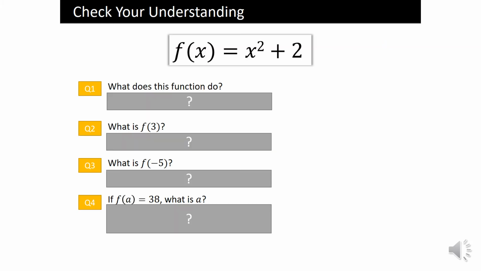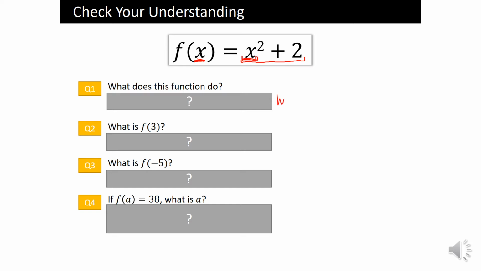So let's have a look at this first one. This is our first actual example. So what does the function do? So let's have a look. So we put in x. So x is what's going in. So looking at the whole of the outcome over here, what are we doing to x? So let's look. So the first thing that's happening to x is it's getting squared.